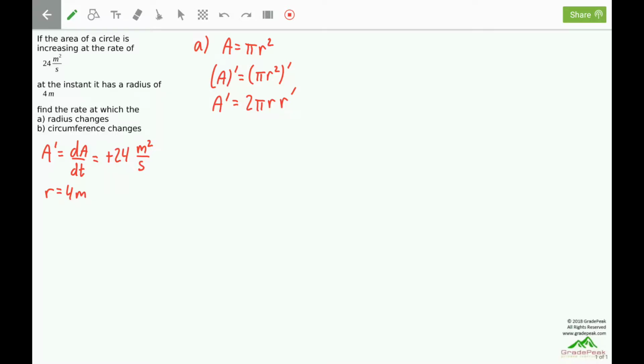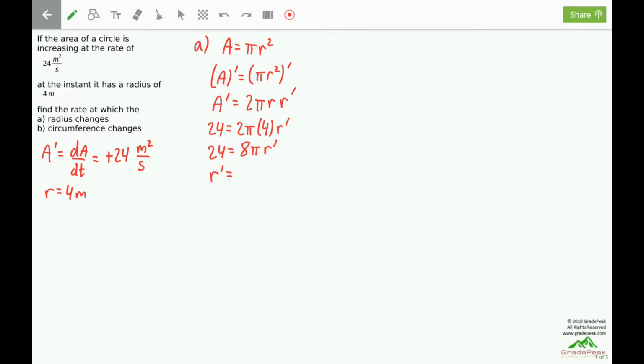We can now plug our numbers into this. We have 24 equals 2 pi times r, which is 4, times r prime. So 24 equals 2 times 4, which is 8 pi r prime.